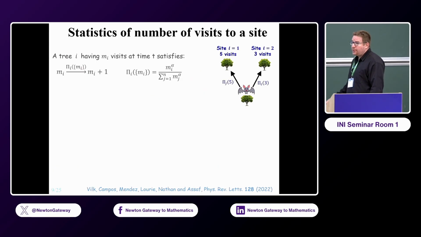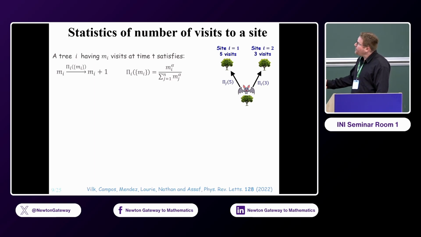Okay, so let's now talk about the statistics of the number of visits to a site. After establishing the distribution of new sites in this problem, let's talk about the statistics of the number of visits to an already visited site. So, as I said before, the probability to revisit a tree is proportional to the previous visits.